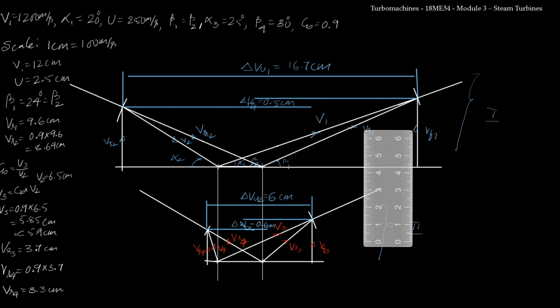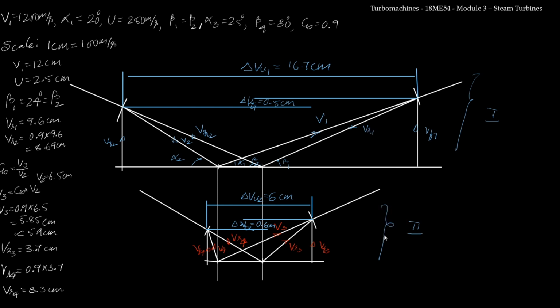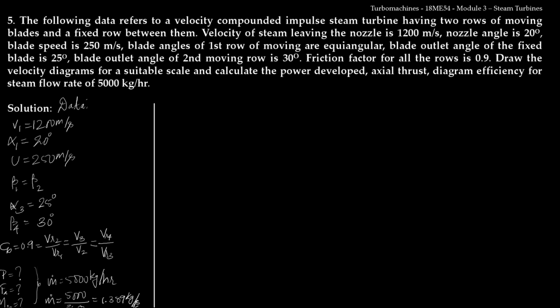Now we need to remember these values. With the help of these values, we will be calculating the required parameter. So I list out all those values here. I need delta VU1, delta VU2, delta VF1, and delta VF2.